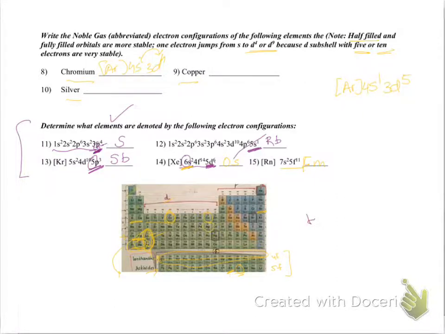Why? Because if you have 5 electrons in d or 10 electrons in d, then that d orbital is very stable. Copper is argon 4s2 3d9, but instead of writing that, we're going to write 4s1 3d10.